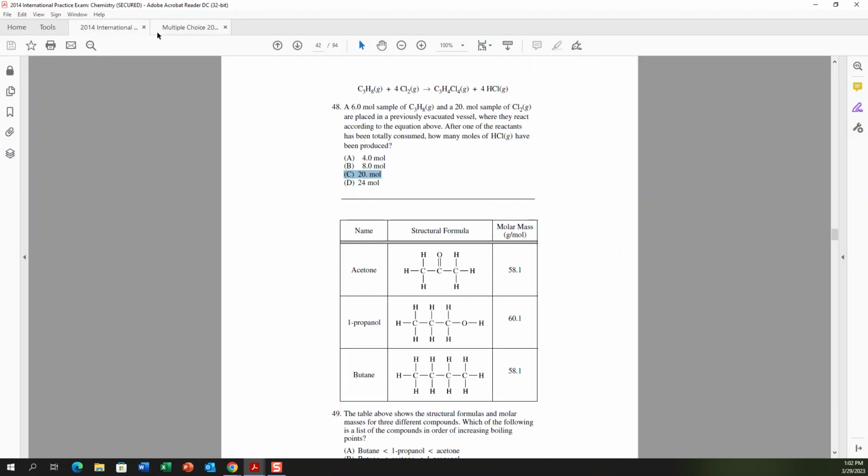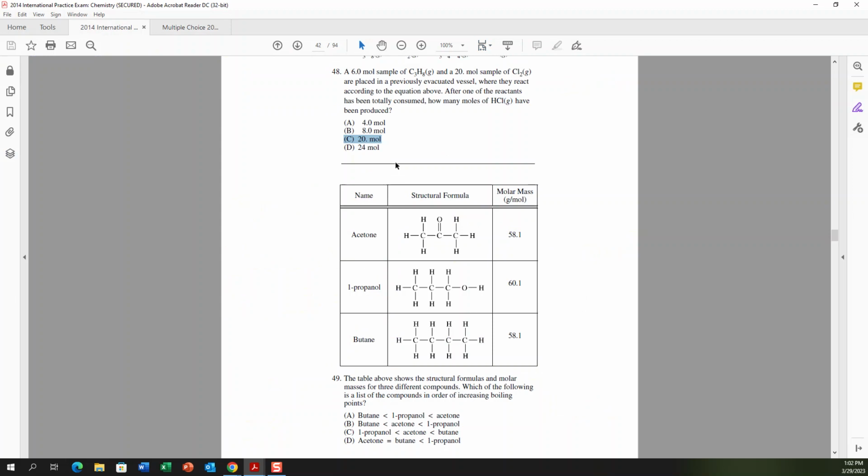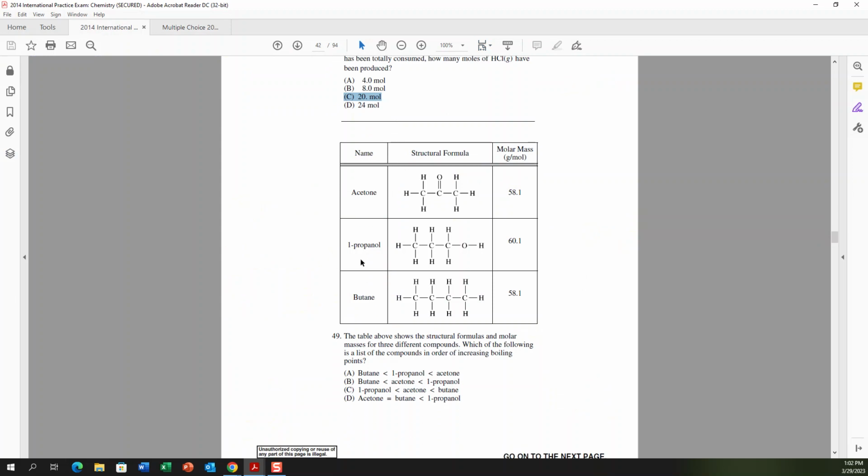Okay. All right. So here we got acetone, 1-propanol, butane. They give us the structure. So what we got to notice is, hey, this is polar, but just dipole-dipole interactions because it doesn't have an FON bond. This is polar with hydrogen bonding because we do have an FON bond. And this is just a hydrocarbon, so non-polar.